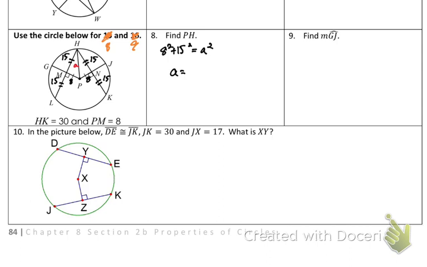A equals what? 17. A squared would equal 289, so A equals 17.